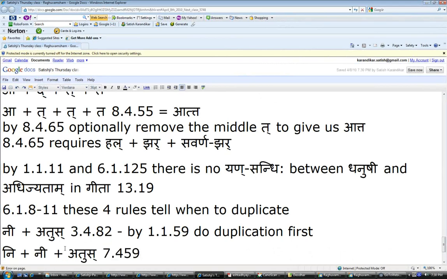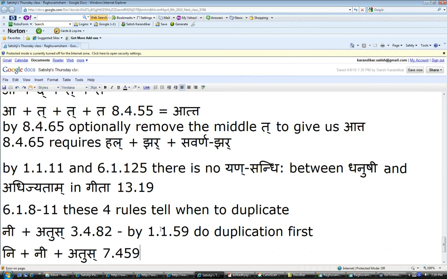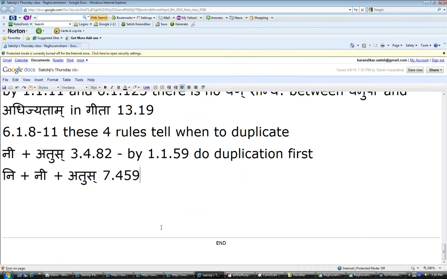Between this ikaraha of ni and the a of atus, we can use equivalency. Equivalency doesn't have any conditions on it. It doesn't say it has to be a dhatu ikaraha, it has to be this and that. It's a varna niyamaha. It depends only on the ik and the ach being there in samhitayam, and within a padam, samhita is nityam.